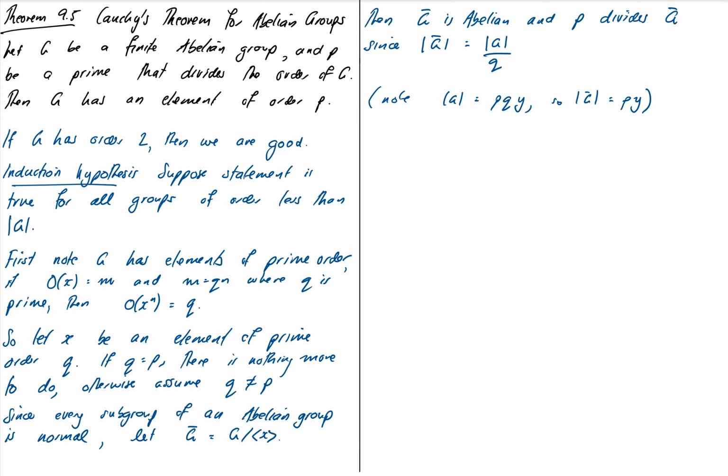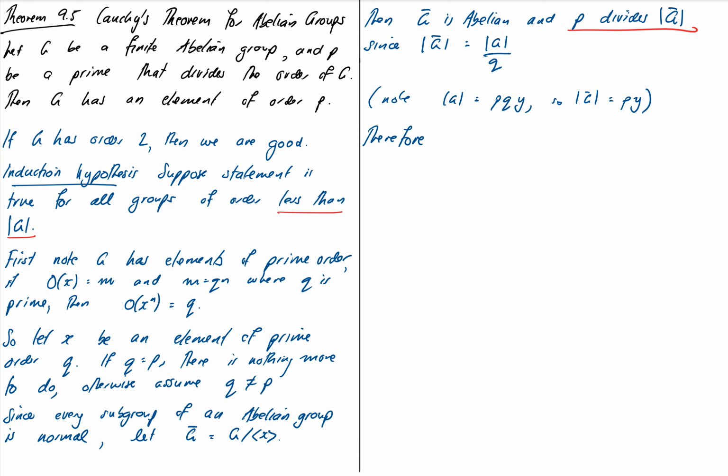Okay, so therefore, what have we done? Well, we have P divides the order of G bar. What do we also have? G bar is abelian. Its order is less than the order of G. So we can apply our induction hypothesis to it.